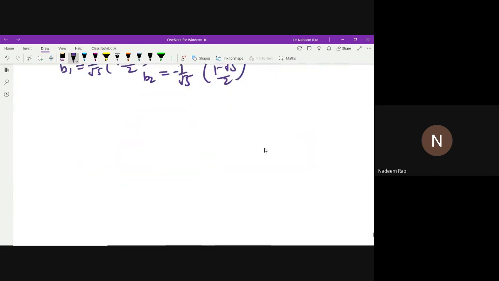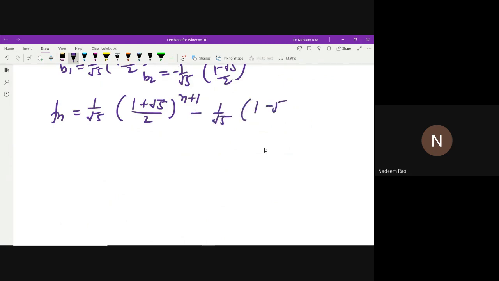Our required answer will be fn equals 1 upon square root 5 times 1 plus square root 5 by 2 to the power n plus 1, and minus 1 upon square root 5 times 1 minus square root 5 by 2 to the whole power n plus 1.